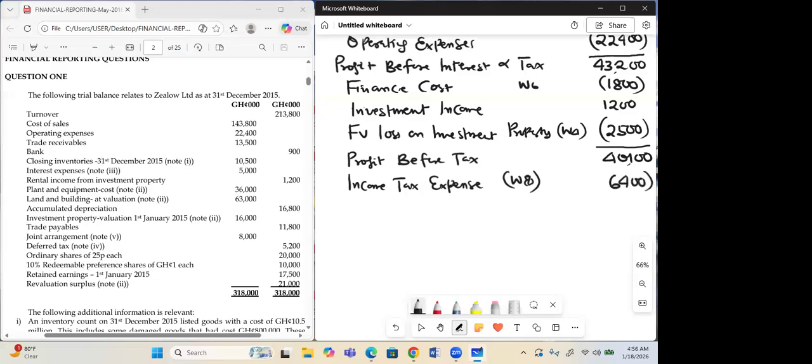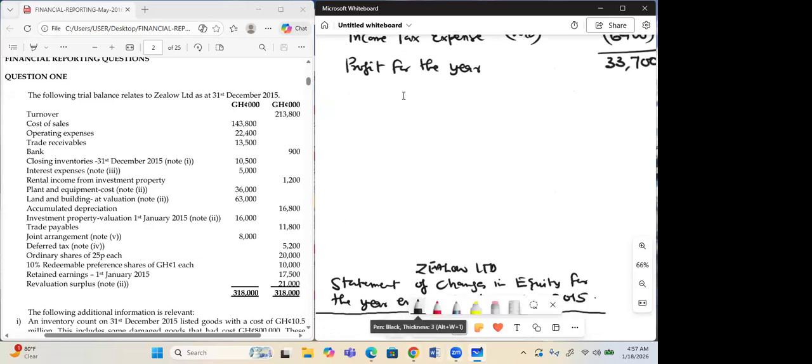When we take 6,400 out, what do we get as the profit for the year? 33,700. So profit for the year, 33,700.